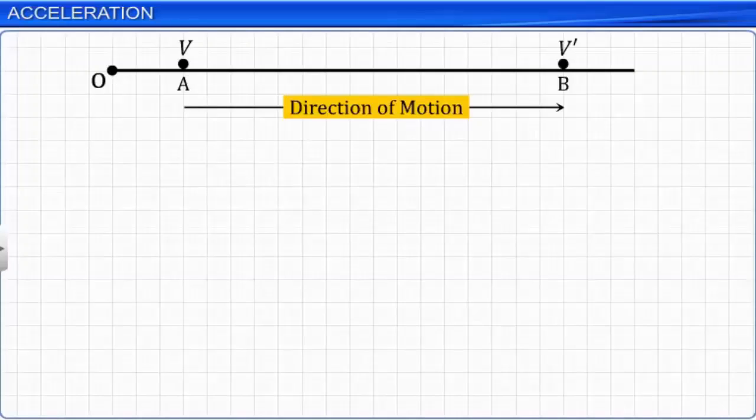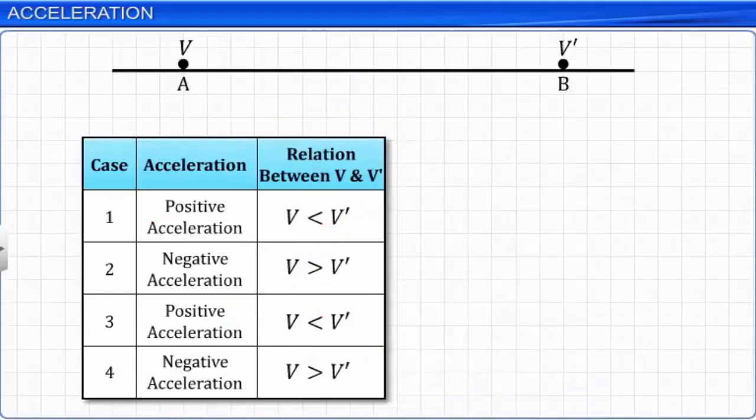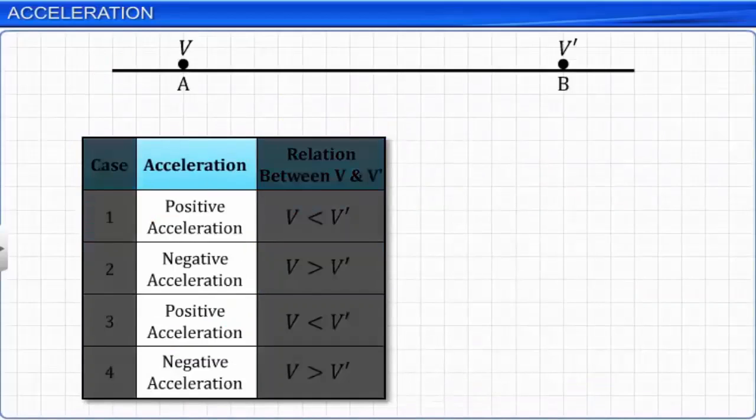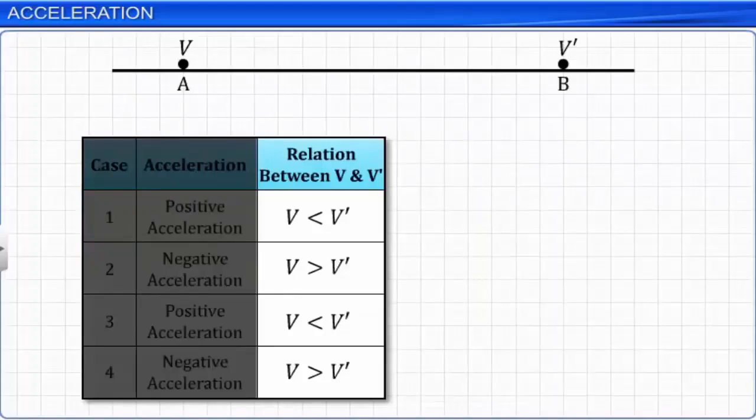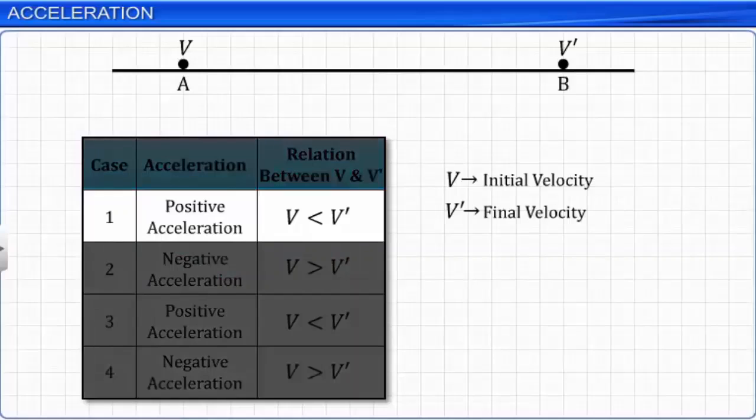If the origin and direction of motion are discarded, we are left with the type of acceleration and the relation between the velocities at two points, if v and v' are taken as the initial and final velocities in any given problem. Then, if v is less than v', acceleration is positive, else negative.